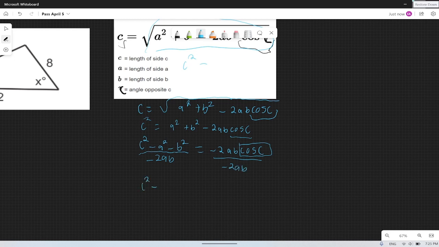And C squared minus A squared minus B squared over negative 2AB equals cos C.